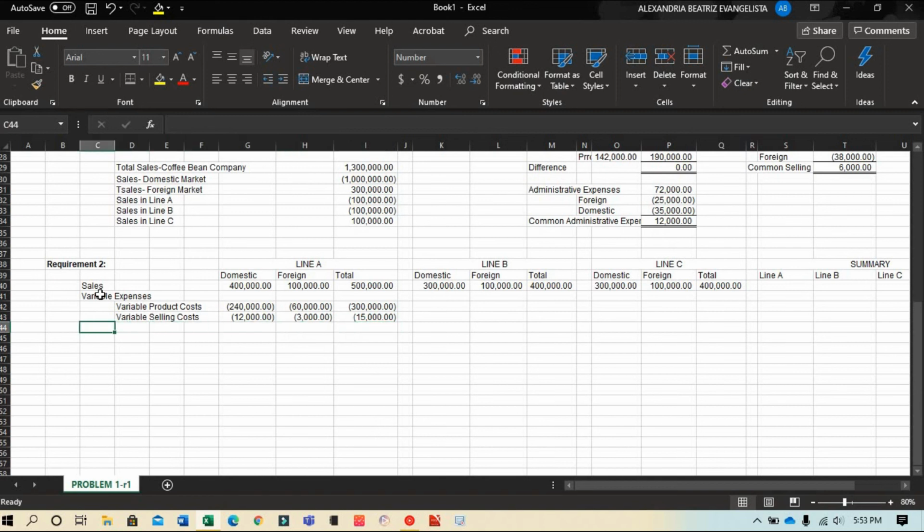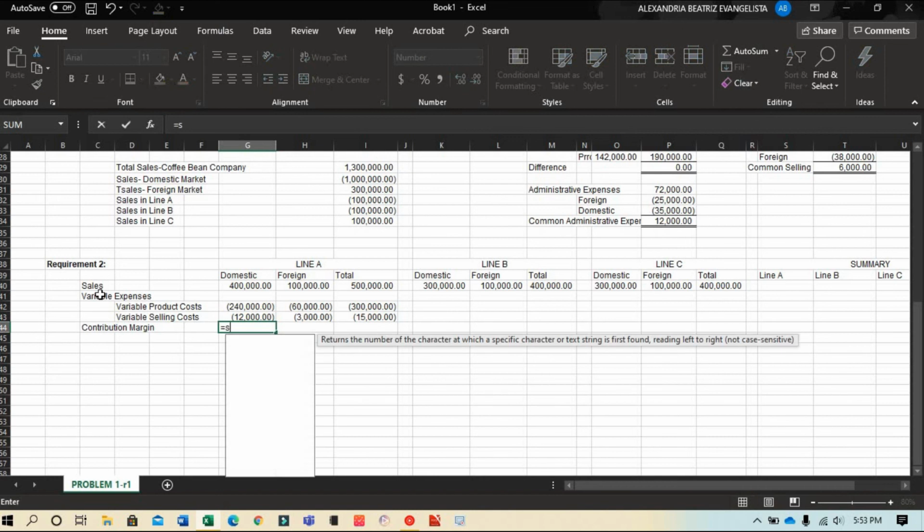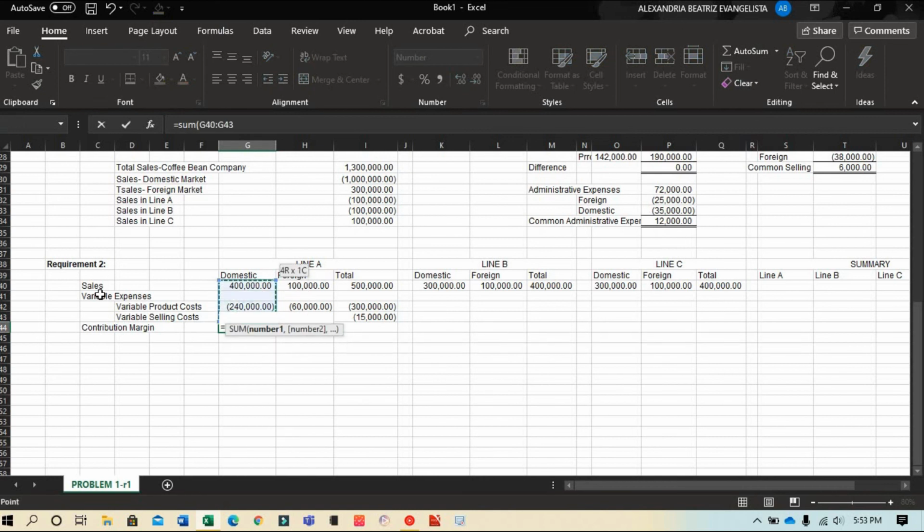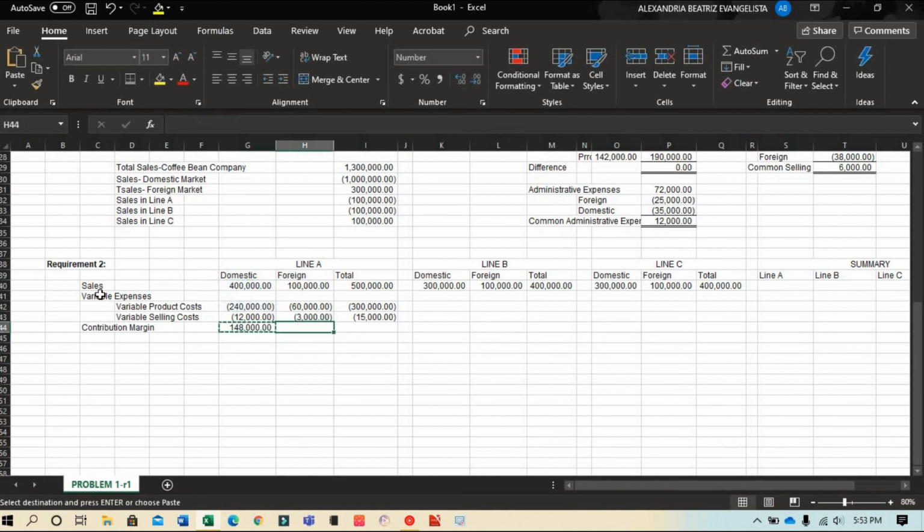Then we're going to get now the contribution margin for line A. Under the domestic market, the contribution margin is 148,000.